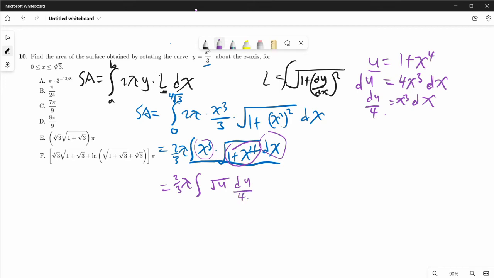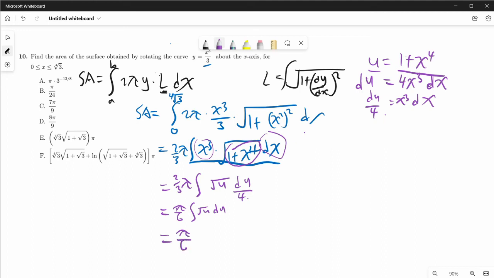I can also just bring the over 4 part outside. So that's 1/6 pi over 6, root u du.